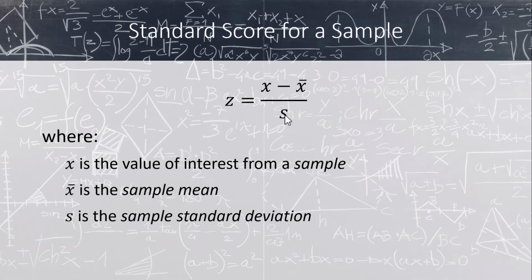Similarly for samples, you take your data value, subtract the sample mean, and divide that by the sample standard deviation. So it is a relatively straightforward endeavor, and we are going to demonstrate this using one example.